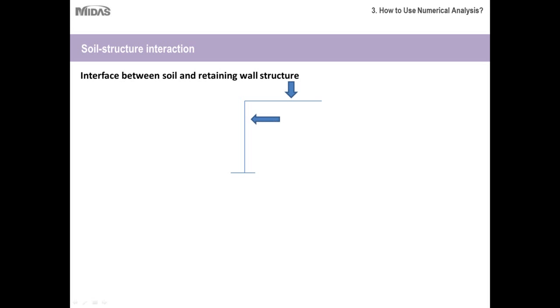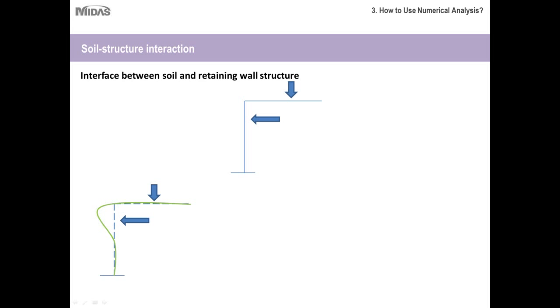behavior without considering any interface or without considering soil structure interaction, this is what you will observe. If your active pressure is high or driving forces are high, then you would see that the wall would deform something like this and the soil will follow it.